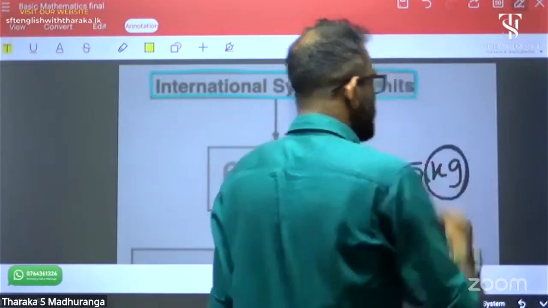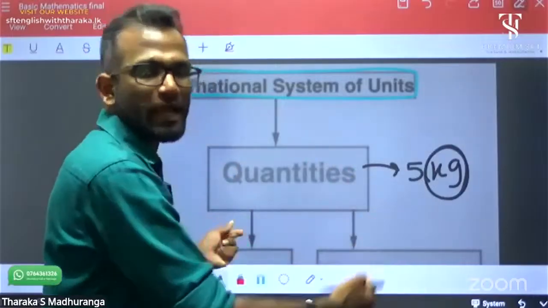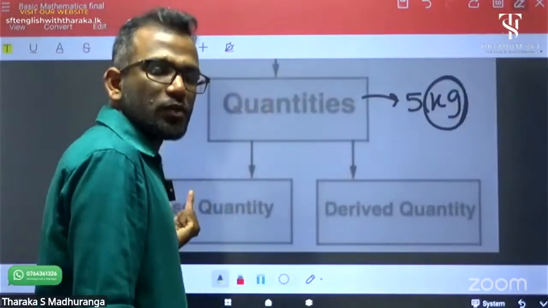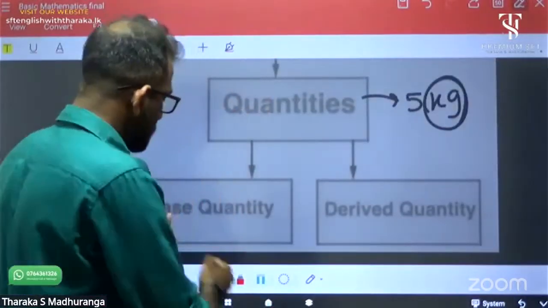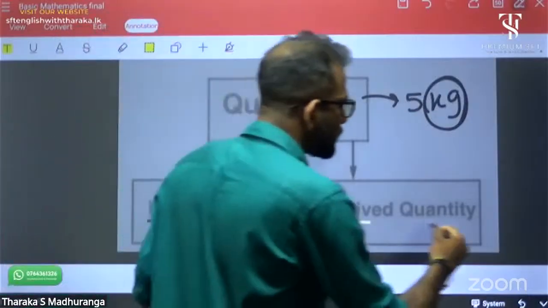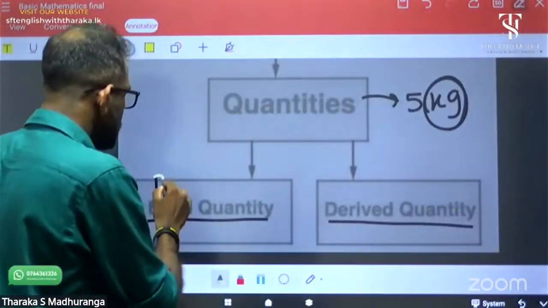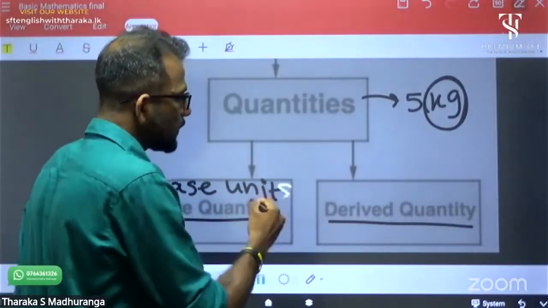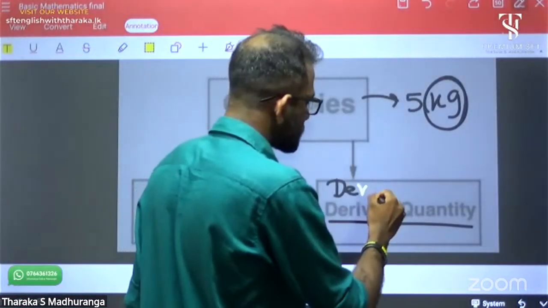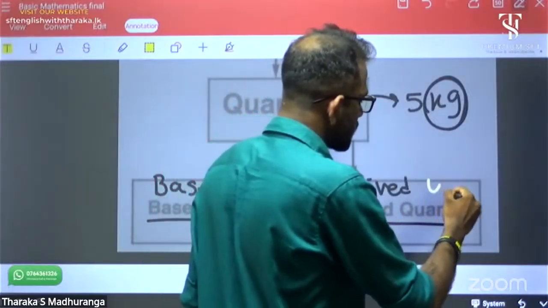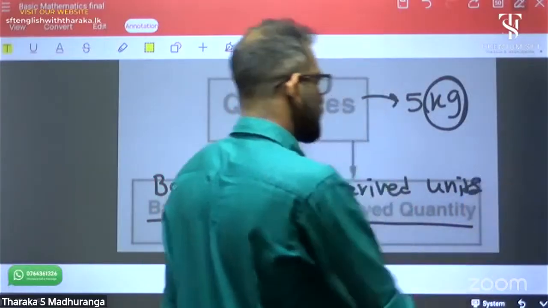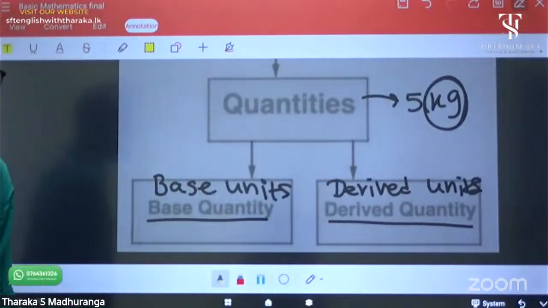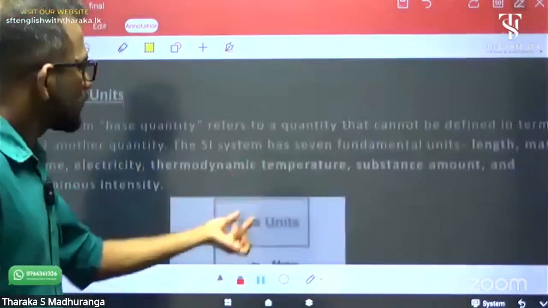Okay, these units we can classify into two categories: base units and derived units. What is the difference between them? Okay, go to the next part.